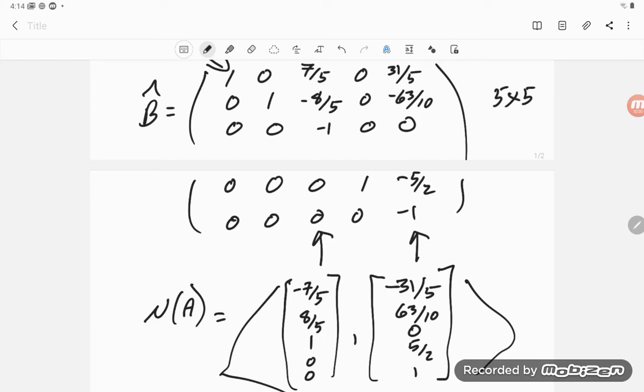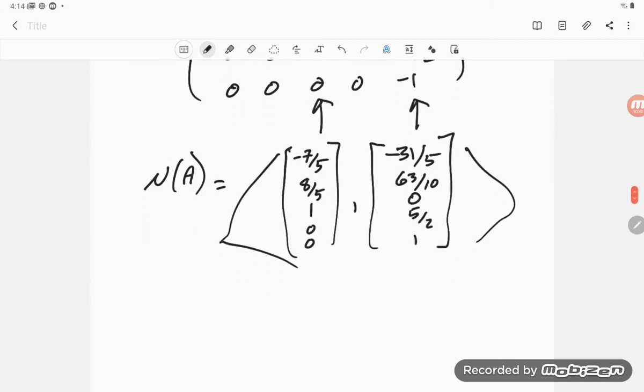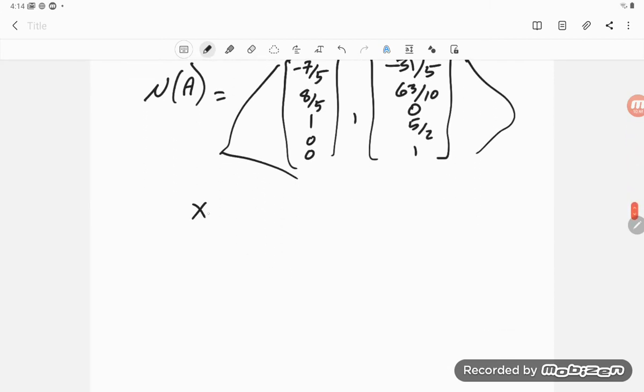And again, where did this come from? Well, let's look at that equation. There's x1, x3, x5. And so this said x1 plus 7/5 x3, and then plus 31/5 x5 is equal to 0.